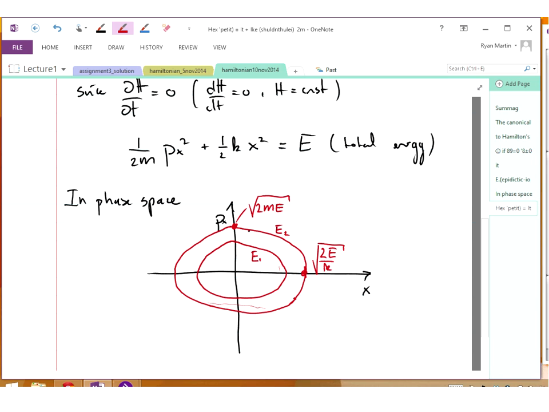You can't have two paths intersect each other, because that would mean that a single initial condition with equations of motion could lead to two different possible positions in the future. So the fact that classical mechanics is deterministic means that no two paths can intersect. So it behaves exactly like an incompressible fluid.